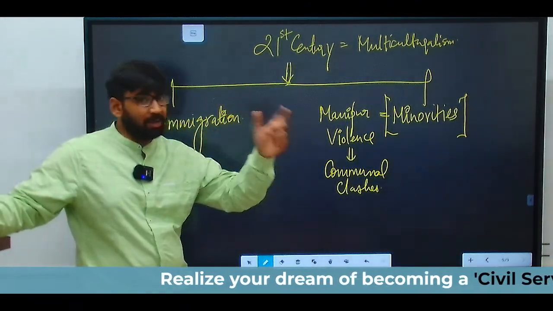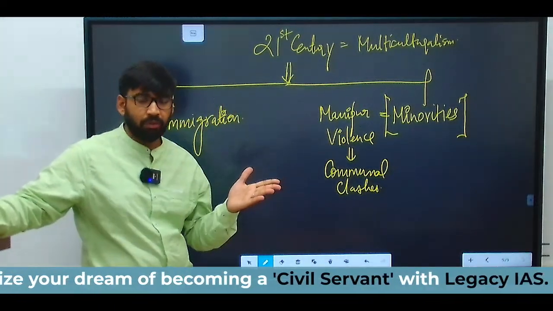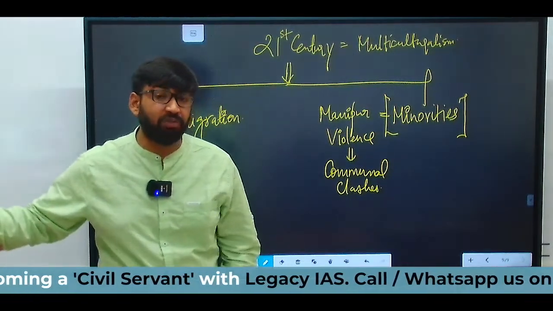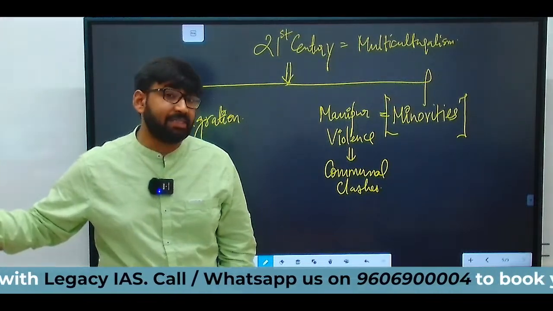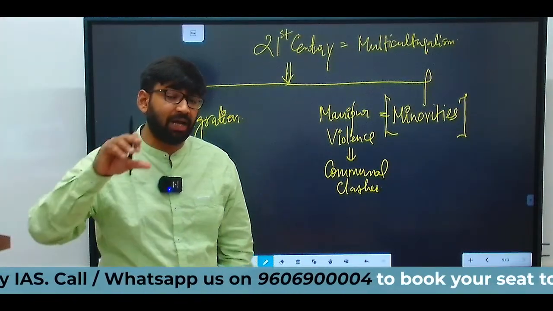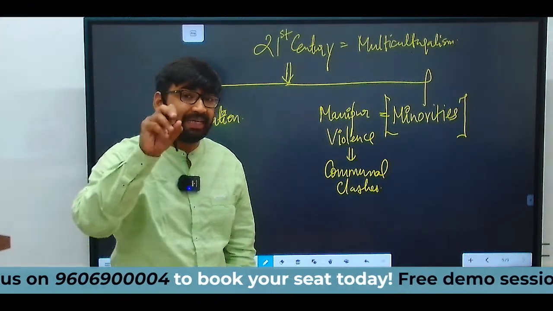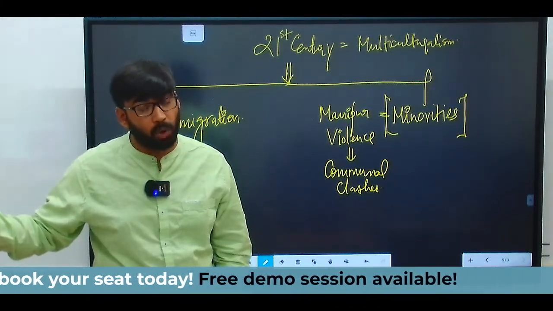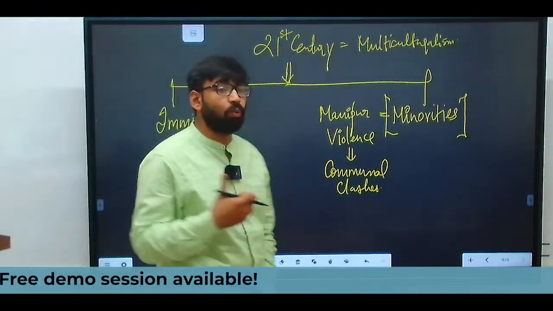So rights should be given to everyone. Now, Article 21 of our Constitution, which talks about the right to life and liberty, got international recognition. It is an international right also. So these things are very important.